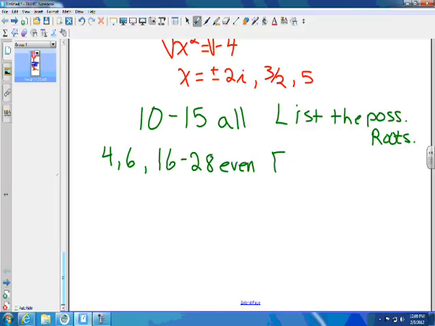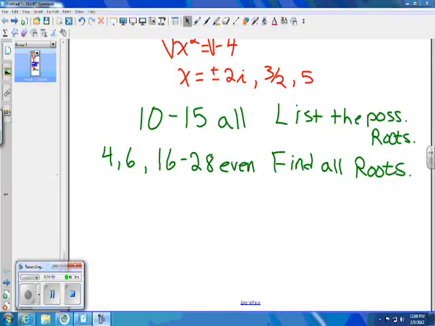And the directions for those are find all roots. Some of the instructions say find just the rational ones. I'm changing that, so all of those problems there, you have to find all of the roots. Remember, review will take place on Monday. Your chapter 6 test will be next Wednesday.